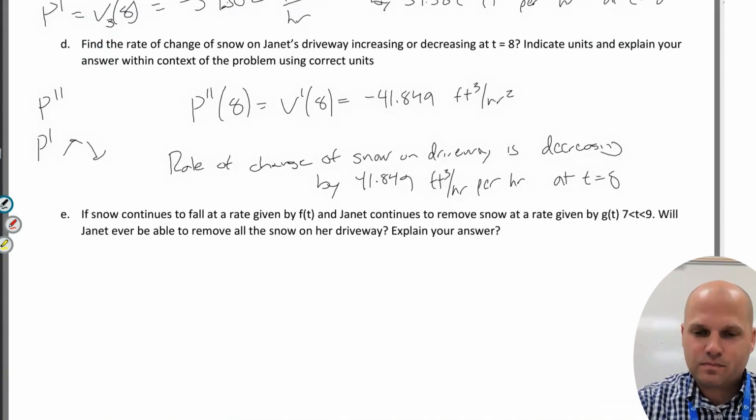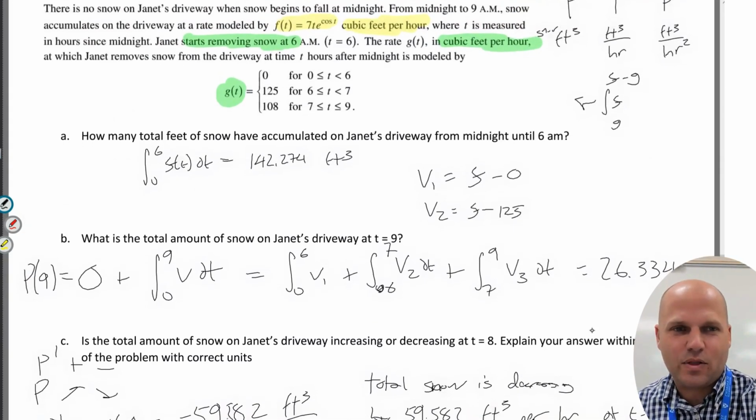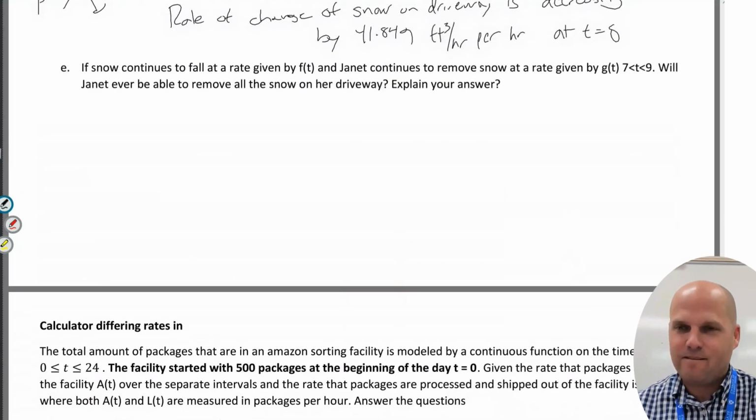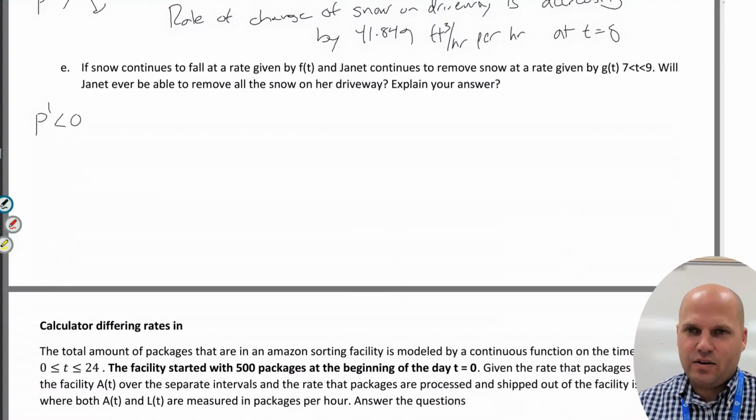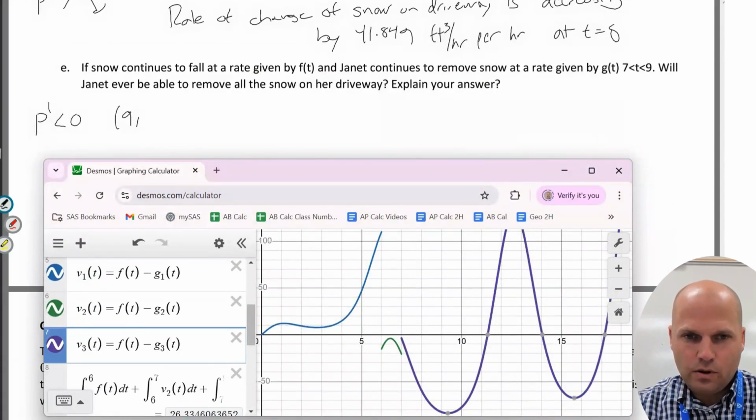We know that snow at 9 is 26.334. Okay. So P prime is negative from 9 to this value here.